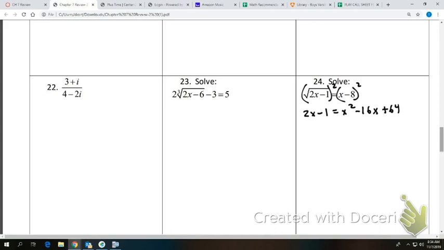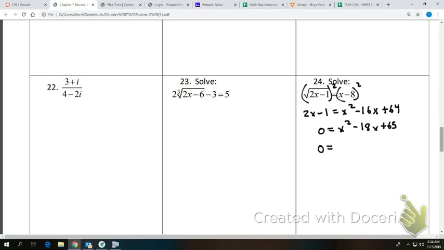Okay, and then we're going to subtract the 2x over, add the 1, and I'm going to have 0 equals x squared minus 18x plus 65. Help me factor that, please. Manachi, you're like a factoring stud.